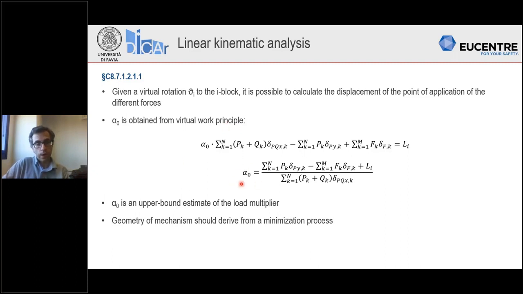So alpha 0 is given by these expressions, where, for example, at the top you will have the vertical forces, and at the bottom you will have the horizontal forces that are multiplied by the load multiplier corresponding to the activation of the mechanism. Alpha 0 is an upper bound estimate of the multiplier, so you will have to minimize alpha 0 to get the real load multiplier.